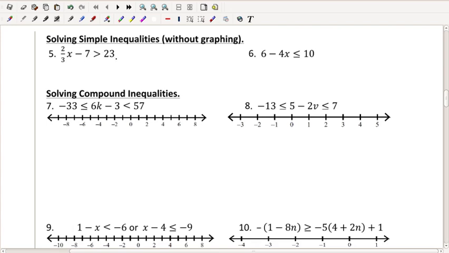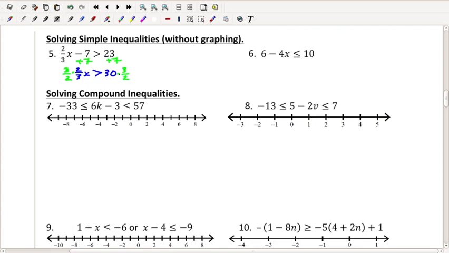So we've got this 7 that we want to move to the other side. To do that, we're going to add 7 to both sides. And now I've got 2/3 x greater than 30. If you wanted to, you could divide by this fraction to move it to the other side. That would be totally fine. But I'm going to instead multiply by the reciprocal. The reciprocal means flip the fraction over. So I'm going to multiply by 3/2 on both sides.